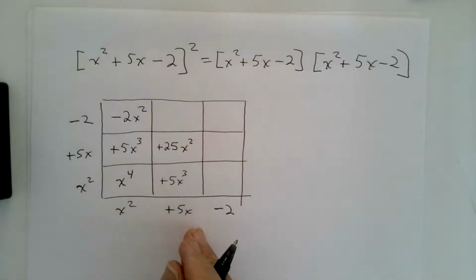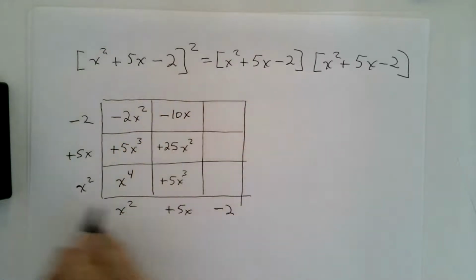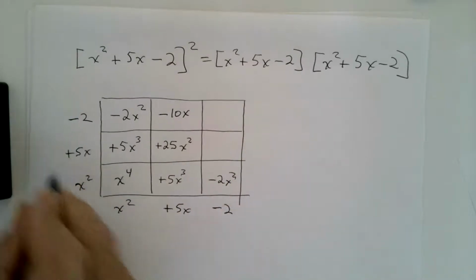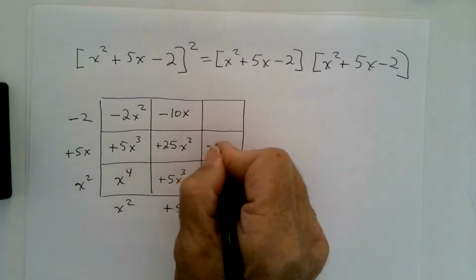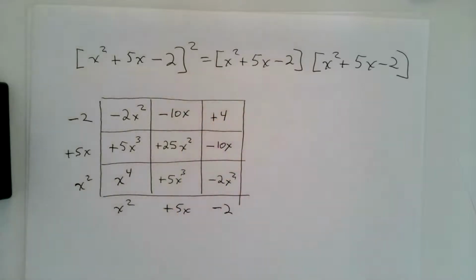Negative 2 times 5x is negative 10x. Negative 2 times x squared, negative 2x squared. Negative 2 times 5x is negative 10x. Negative 2 times negative 2 is positive 4.